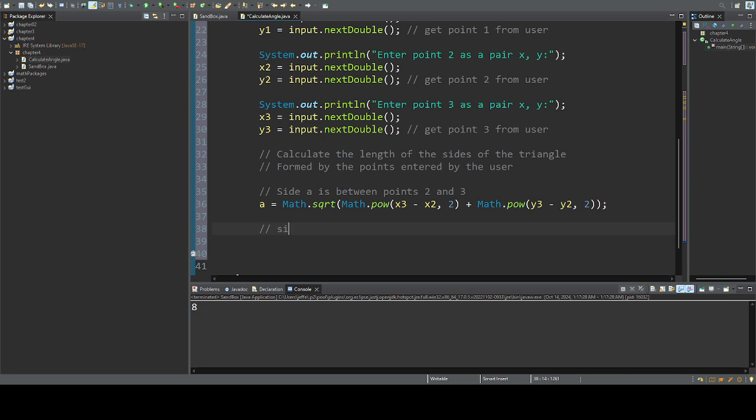And side B is between points 1 and 3. So B will equal math.sqrt.